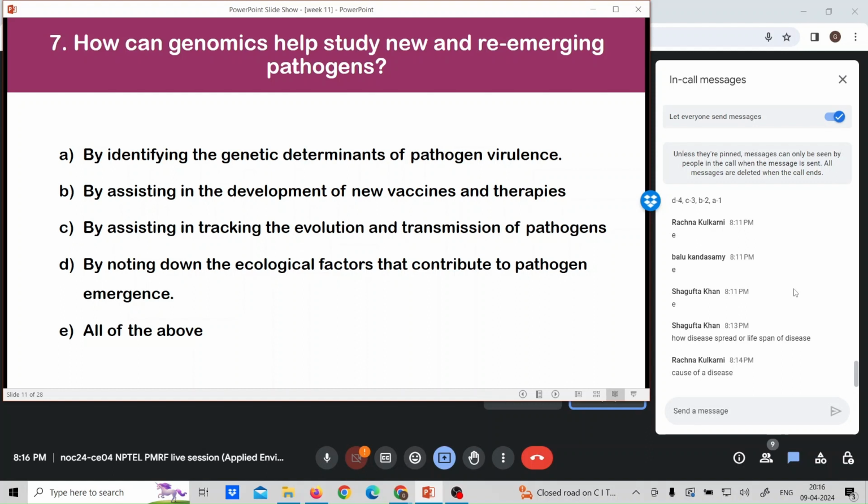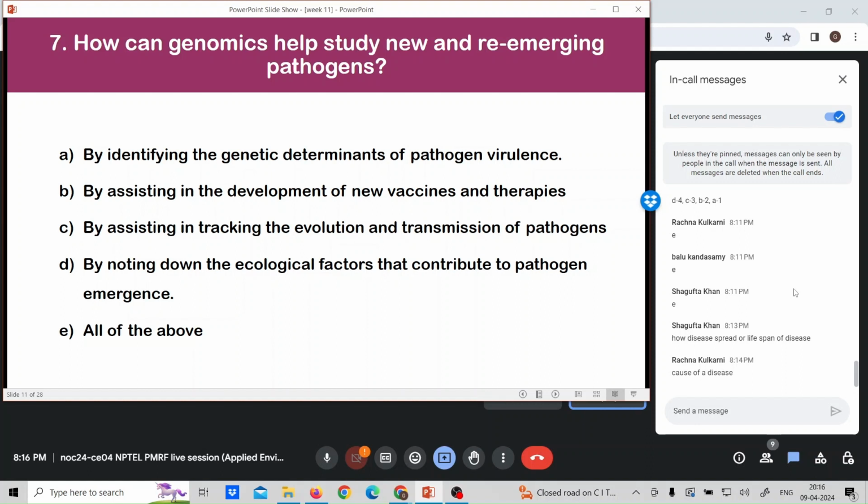If we have some details about it, we can go about working on mitigating it. So that's the entire idea of epidemiology. And as you have rightly mentioned, genomics helps study new and re-emerging pathogens by identifying the genetic determinants of the pathogen virulence, because one important aspect of epidemiology is to know the determinant of the disease.